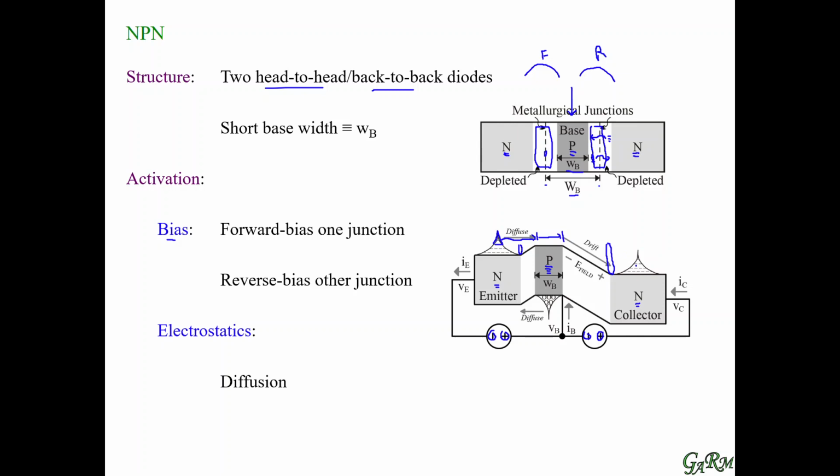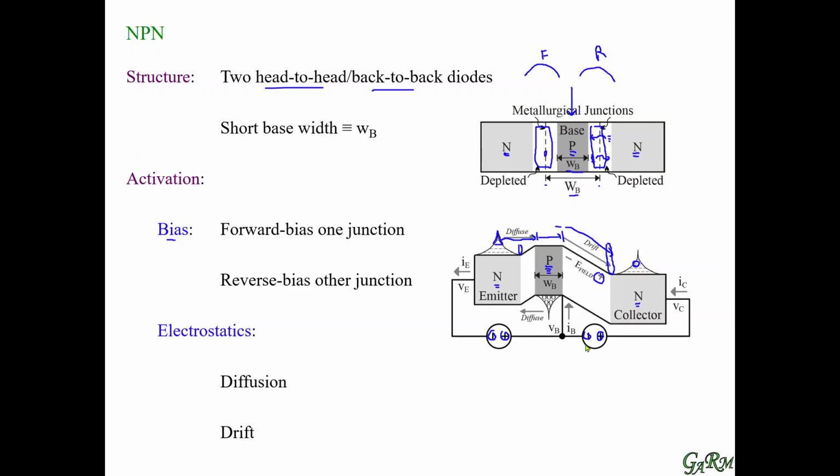So there's no diffusion action from the electrons in the N-type region all the way to the right. However, since we're applying a high positive voltage on that N-type region, the electrons that reached the other end of the base now see a positive voltage on the other side, and basically they see a field that attracts and sweeps them across all the way to the N region on the right. And that's a drift mechanism.